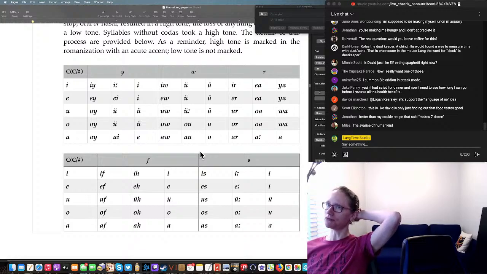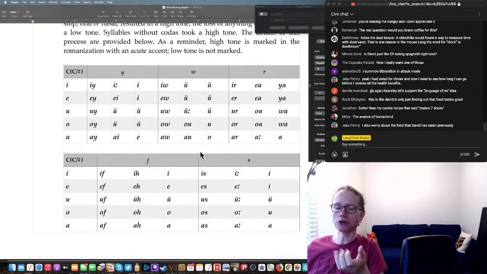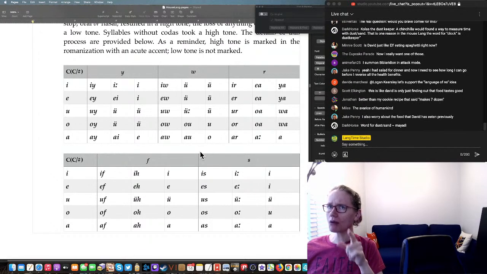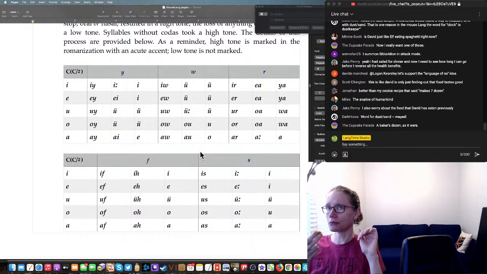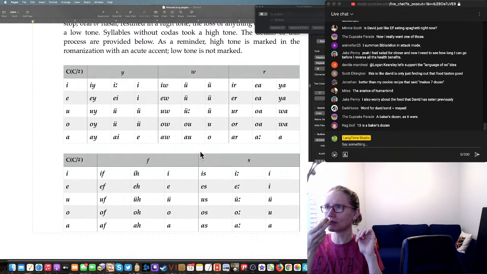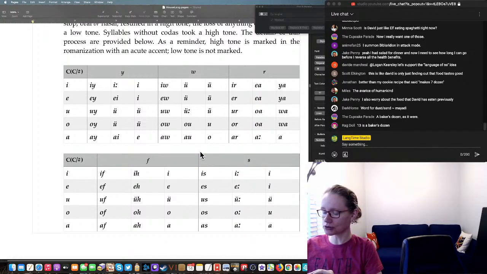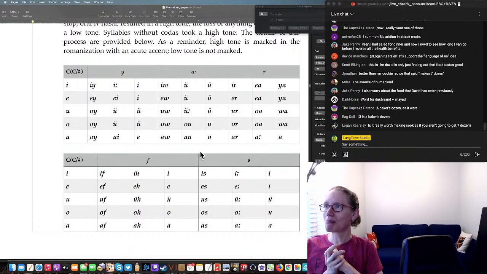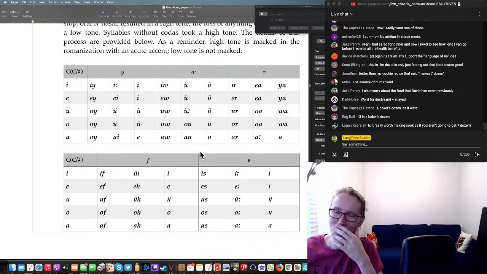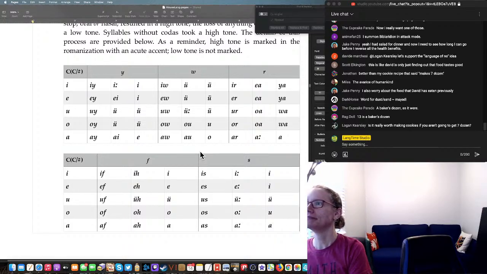Is there a preference for what consonant we're going to end up using? Mind you, Y is already used for possession, so we may want to stay away from that. Exactly, Ragdoll. Oh yes, Cupcake Parade pointed that out too. Good question, Logan.